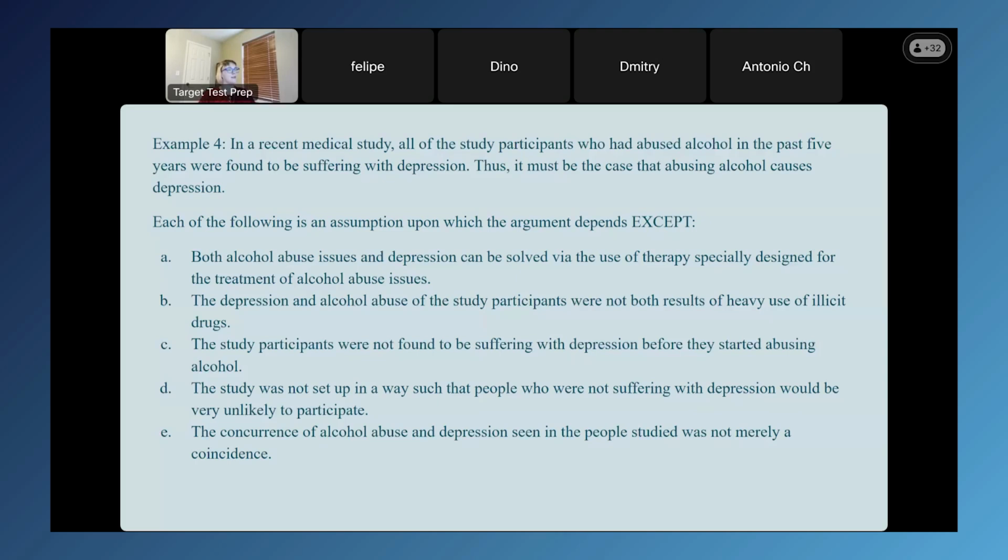But then you found out that they recruited people by going to a therapist's office that specializes in depression, and all 100 of the people were depressed. They're just nitpicking and saying that this is the cause, but really the only people participating were depressed people. If they did that, it would weaken the conclusion that would follow from this premise. But D is saying specifically that the study was not set up in a way such that that would happen.